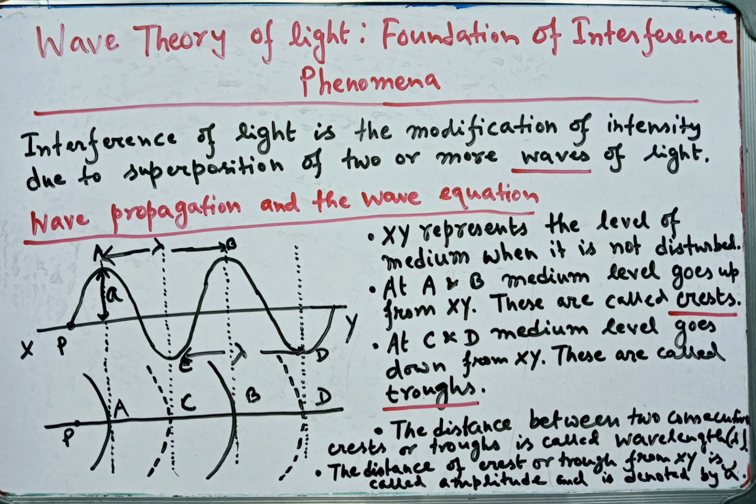So if we connect all the particles, we will get a circle, and this portion here is an arc of that circle, a small portion of that circle. For crest regions where all the particles are going up, we represent them with solid lines, and for the trough region where all the particles are going down, the locus of the points is represented by this dotted line.